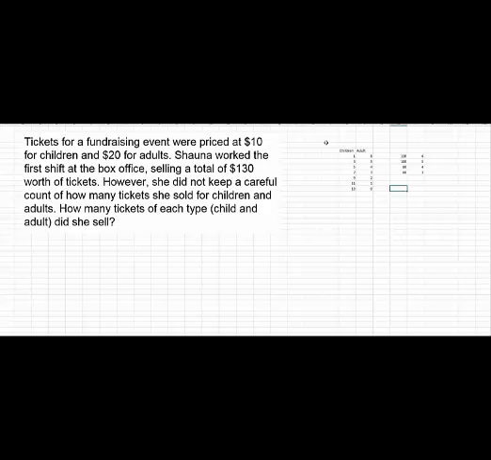So it's possible, but I suspect she probably would have been aware of this. Shauna probably can remember if no adults showed up and it was all kids. I don't think she'd be that ditzy to get that confused. But it is a possible numerical answer. So there's our list of possible correct answers for this particular problem.